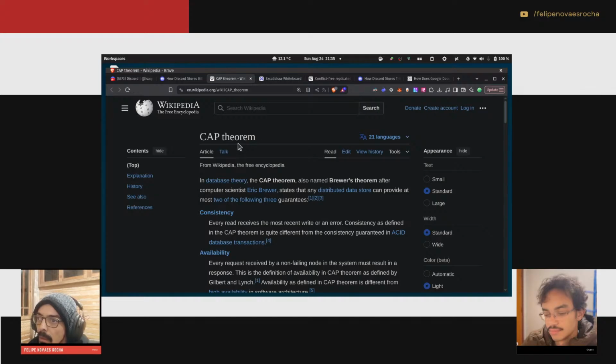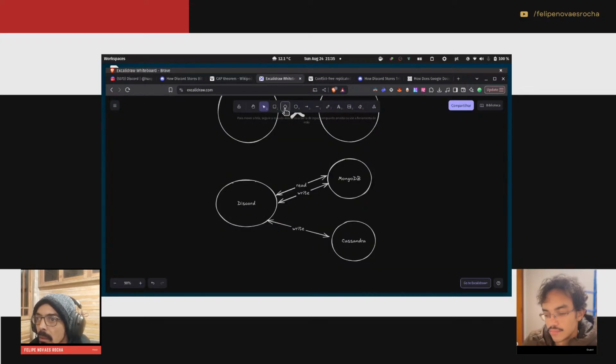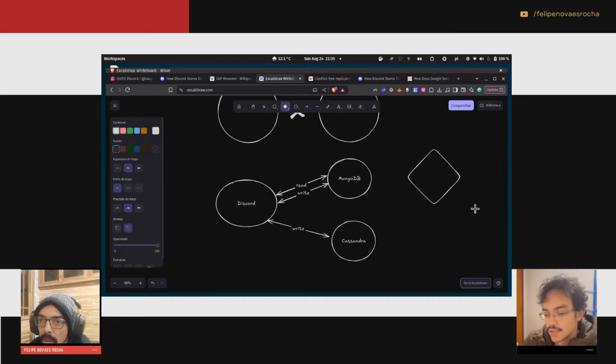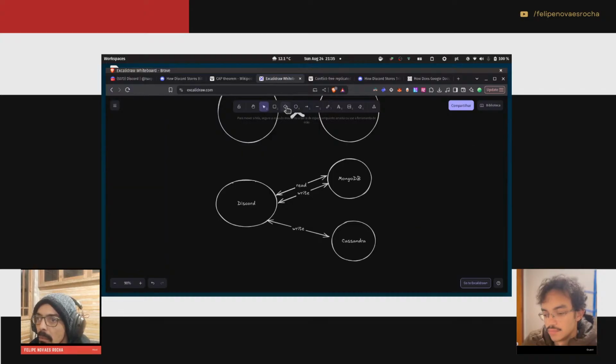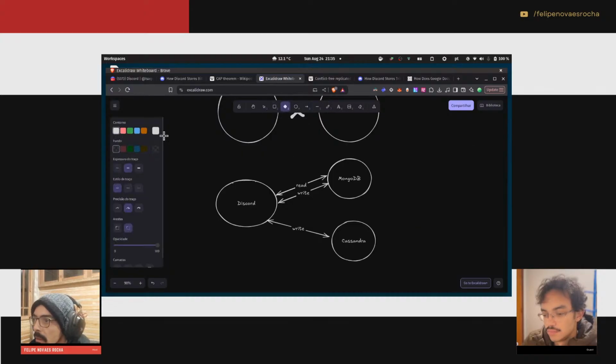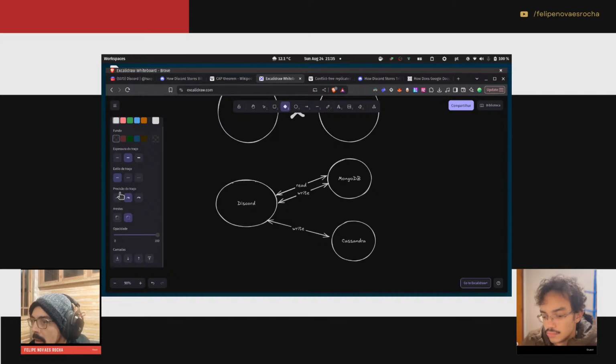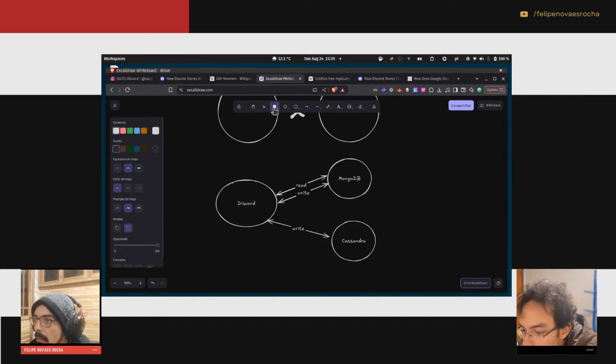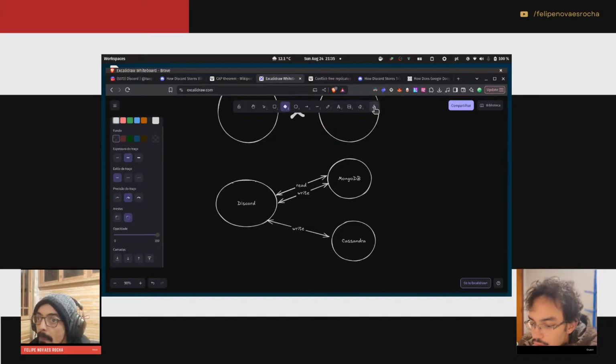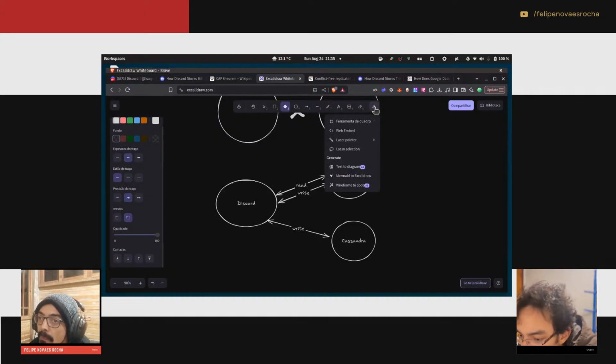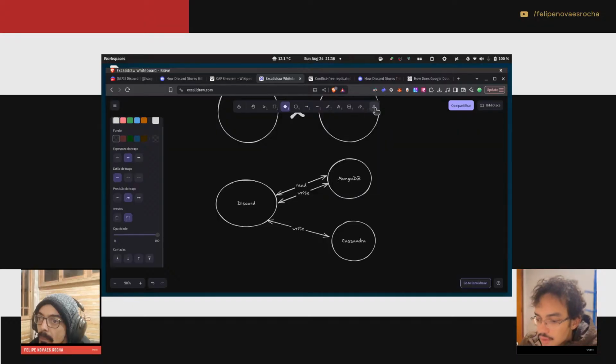So the theorem is like a triangle. How do I create a triangle here? It's the last button in this interface. No, they don't have a triangle.